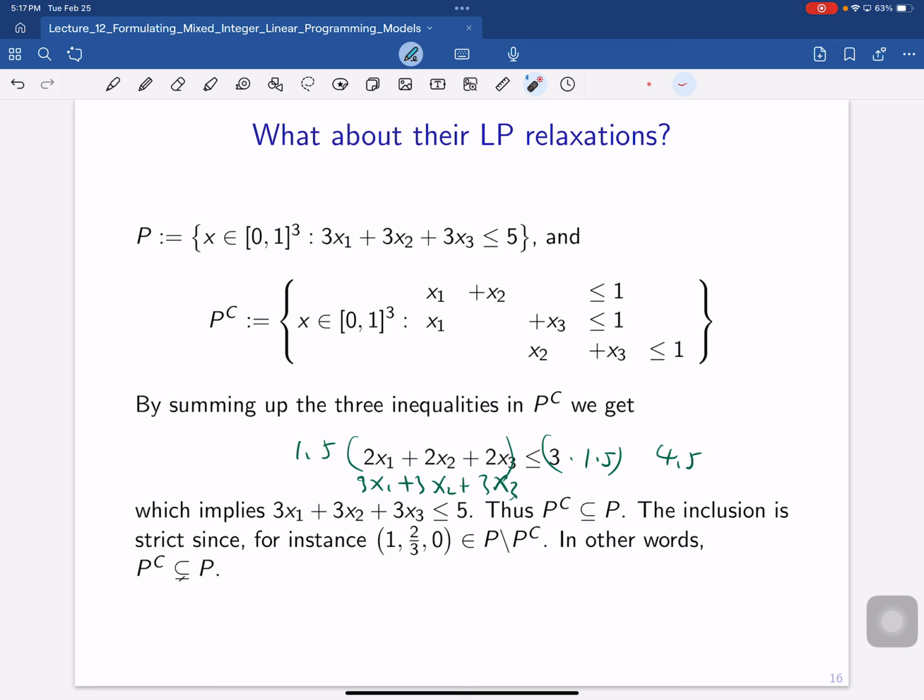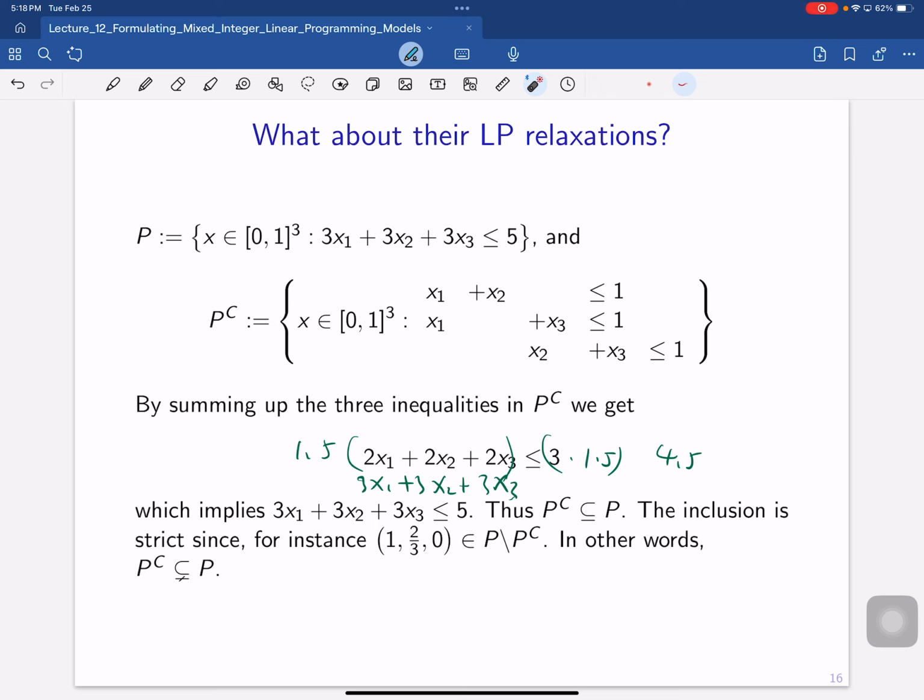You only showed one way, but in order to show it is a strict subset, you only need to find one single point that is in P but is not in PC. So for example, you can check this point (1, 2/3, 0). It is in the original set P, but not in PC. So that's the idea.